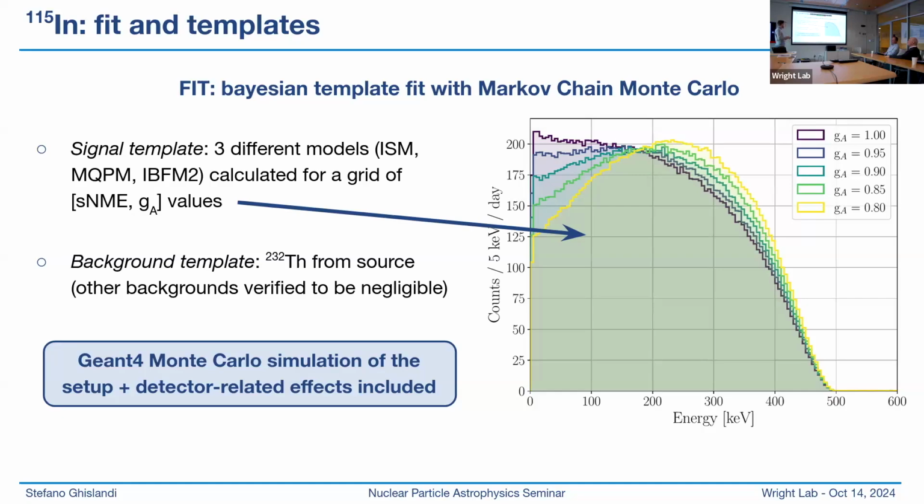We have developed a Monte Carlo simulation of the setup, and we also process the Monte Carlo in order to introduce some detector effects, such as the energy resolution, which varies with energy, or the indistinguishable pileup. That means that this happens when 2 pulses are too close, and the time distance is lower than the time resolution of the pulse. And so the 2 pulses are actually seen as a single pulse, and the energy is the sum of the 2.